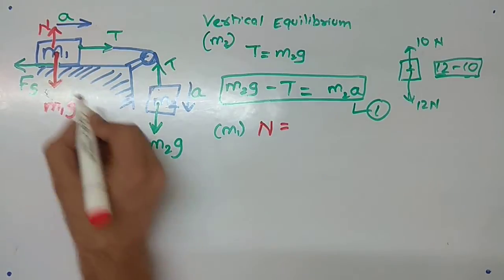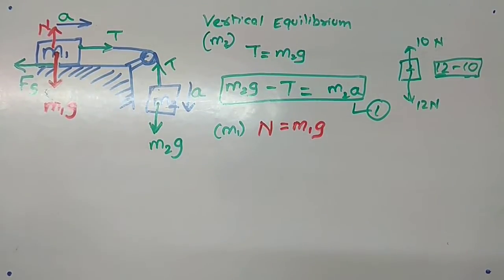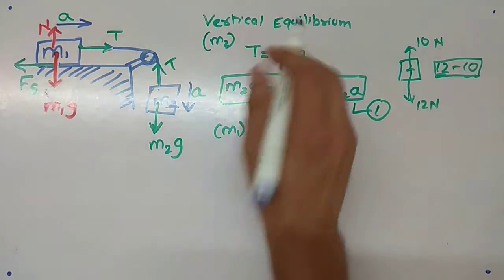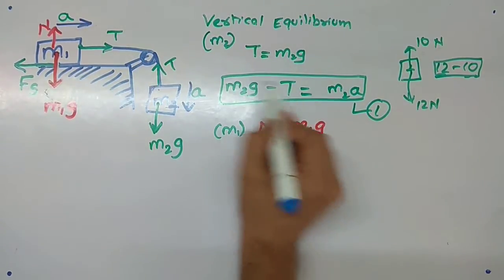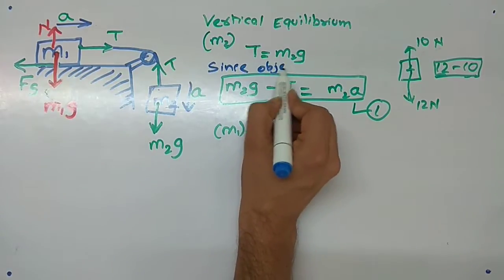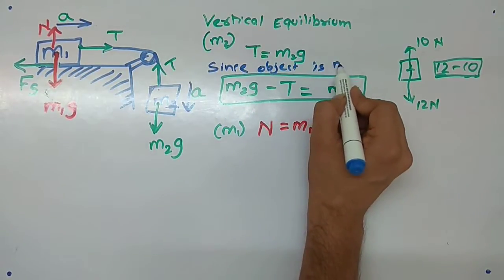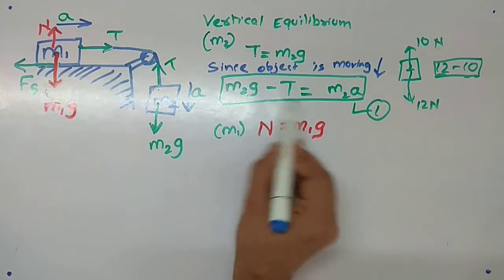N equal to your downward force, m1g. So this I've just explained for equilibrium. Since the object is moving downward, we wrote the earlier equation.